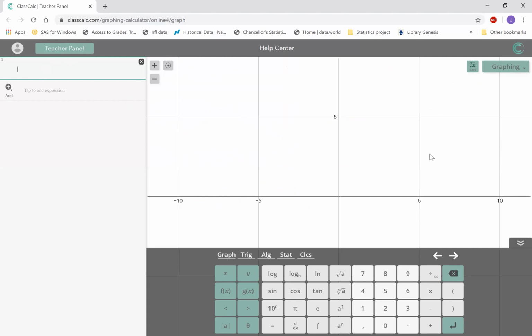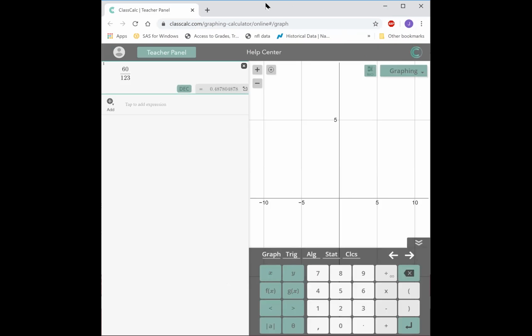On Class Calc, I'm first going to do 60 divided by 123. So I'm going to put division. We'll do 60 divided by 123. So we're going to get 0.4878. Any questions so far? I got 0.4878.